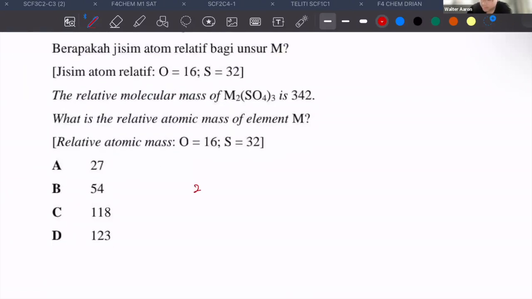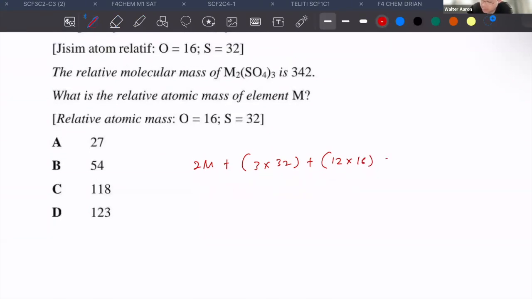We have 2M plus a total of 3 times 32 for sulfur, and then a total of 12 times 16 for oxygen, because we have a total of 12 oxygen over there. Let's take a look at this. All of this must total up to 342.